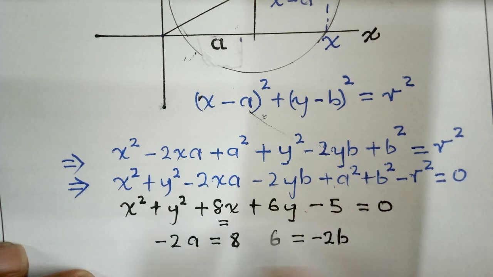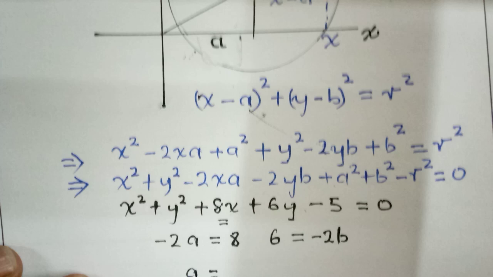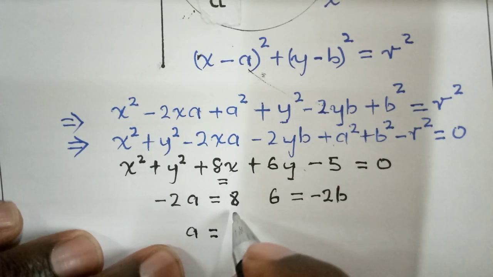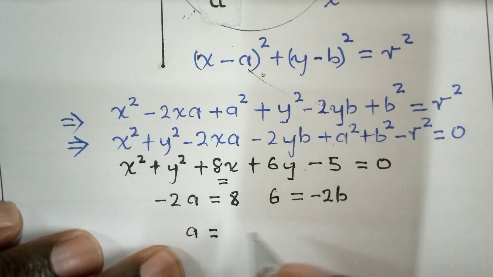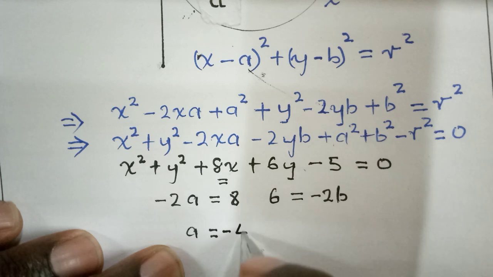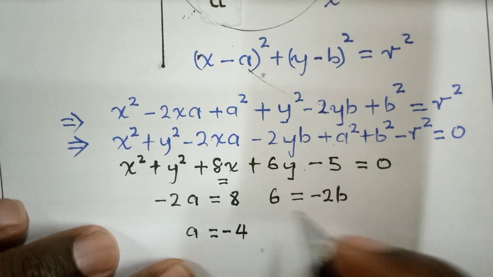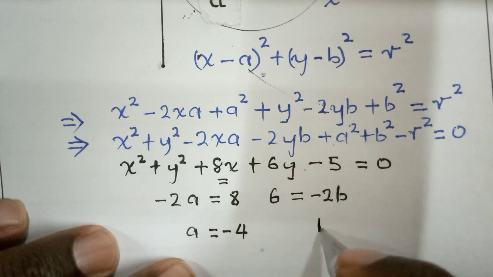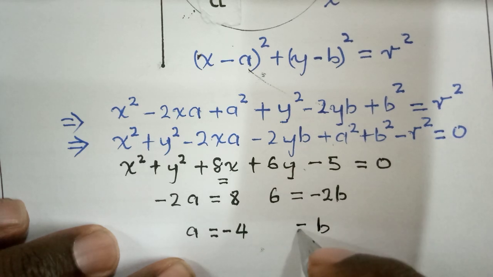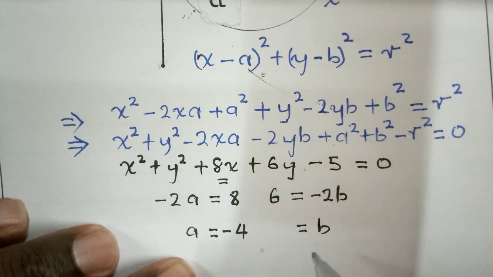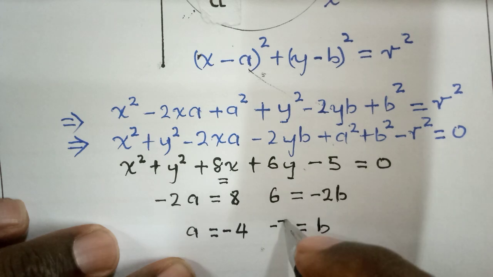Then our a is equal to 8 divided by negative 2, which is negative 4. And our b is equal to 6 divided by negative 2, which is negative 3.